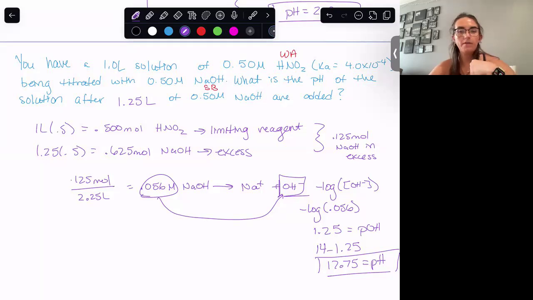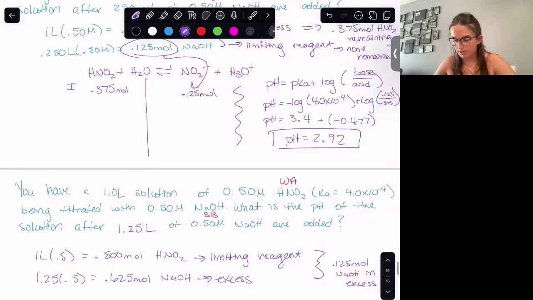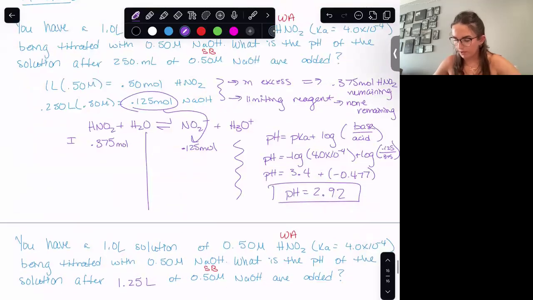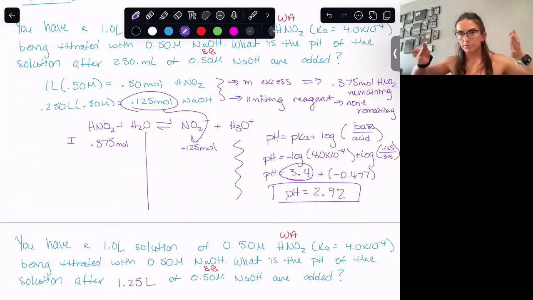So for titration problems where you have to pick the best indicator, you want to look at the pKa of your acid or your base that you're working with. So in the case of what we were looking at with this most recent problem, you have a pKa of 3.4. You want an indicator that is in a range of about 3.4 or has a color change around 3.4, somewhere that grabs plus or minus 1 pKa.